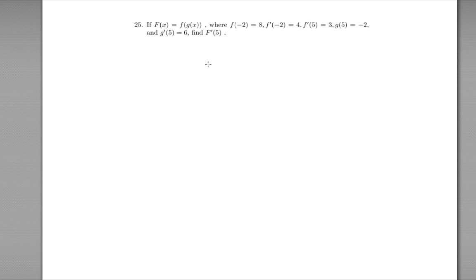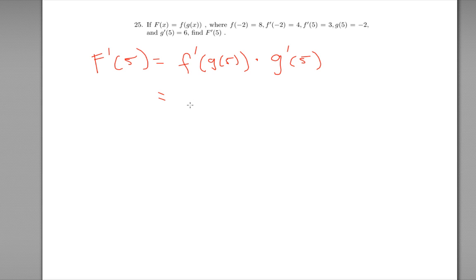Okay, so here's a situation where we have some function, capital F of x, equal to f of g of x. This is pretty much exactly the same thing that we were just looking at. And they would like to know, what is F prime at 5? Well, F prime at 5 is exactly equal to, by the chain rule, f prime at g of 5 times the derivative of the inside, g prime at 5.